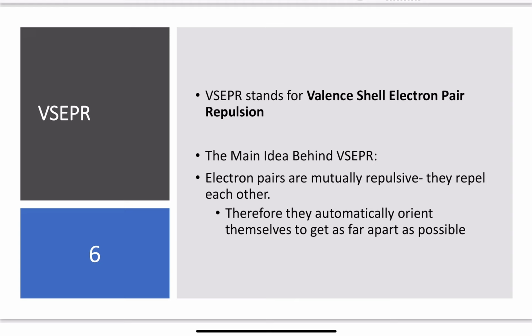But let me just write one out. So oxygen is bonded to 2 hydrogen atoms and has 2 lone pairs. This, and this are all areas of electron density.